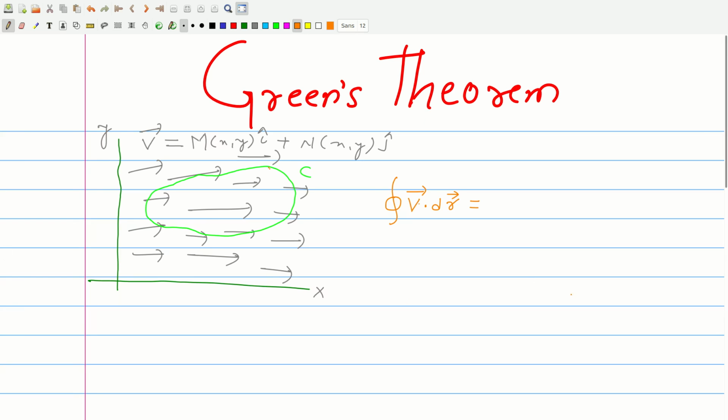So if V has these two components M and N, according to Green's theorem, this same expression can be calculated another way, and that is how? It is this way.